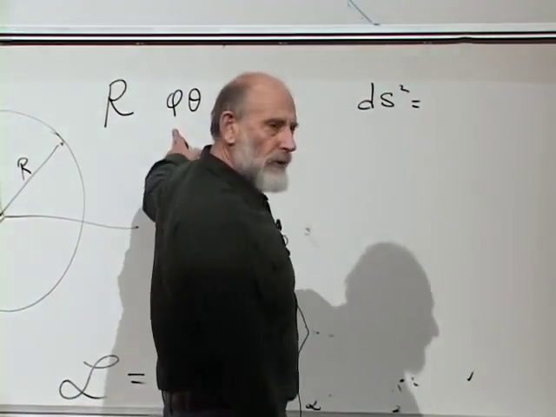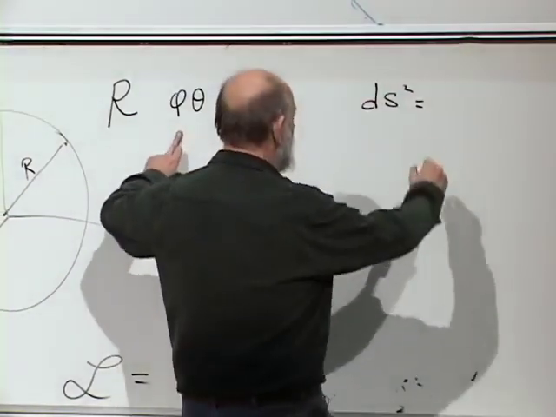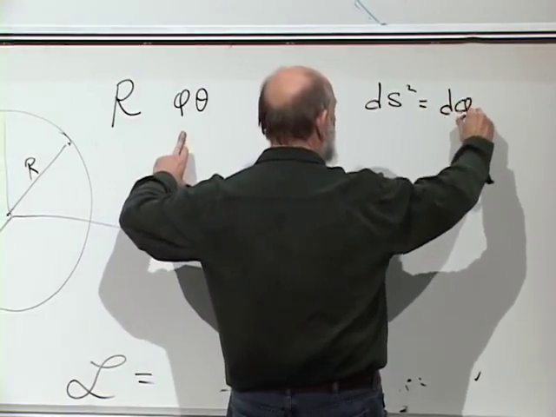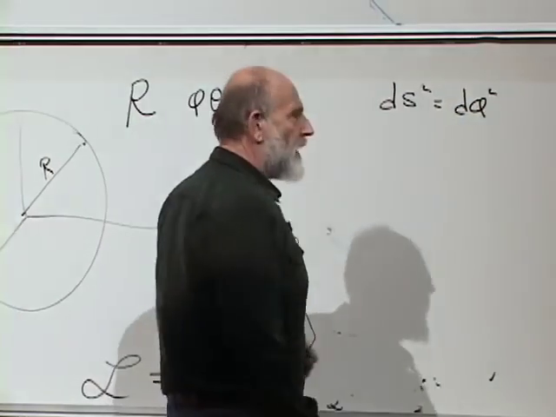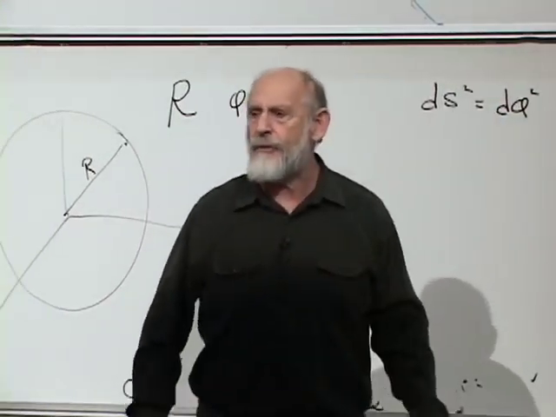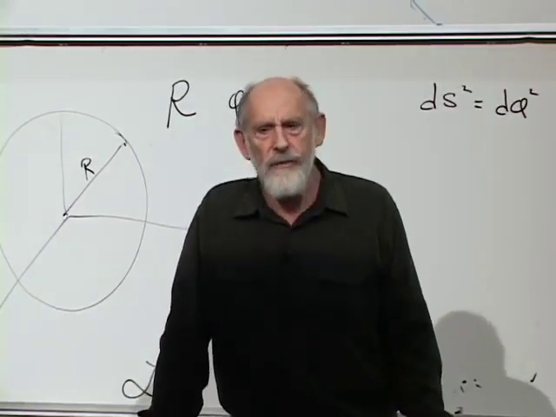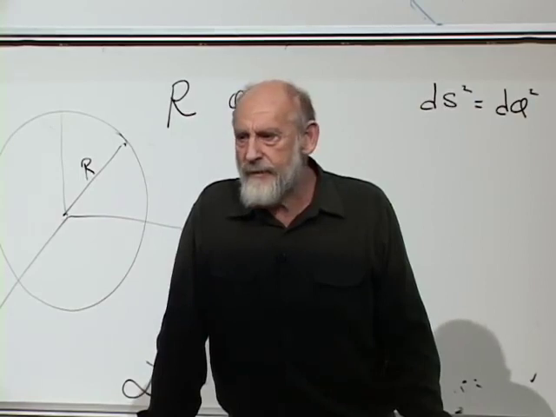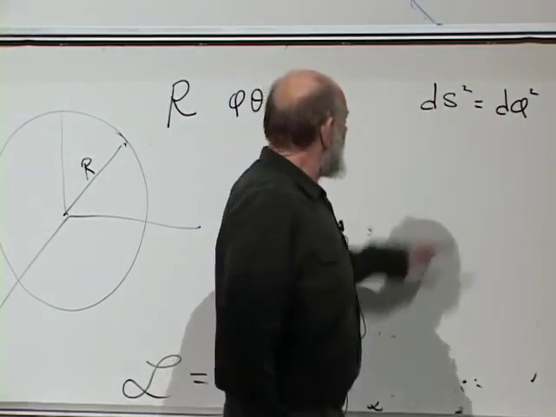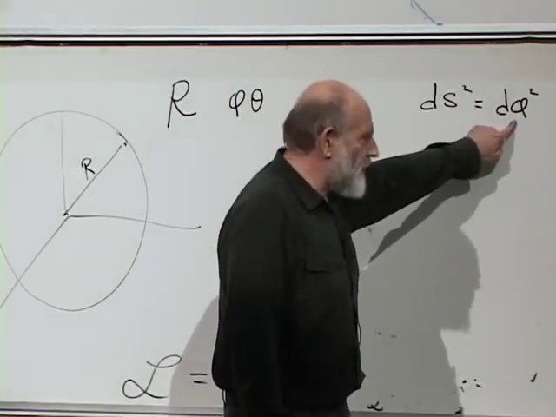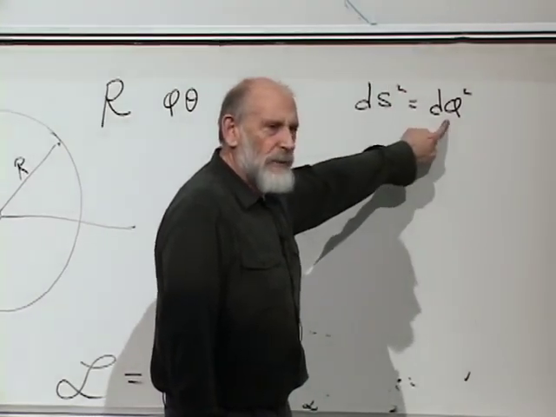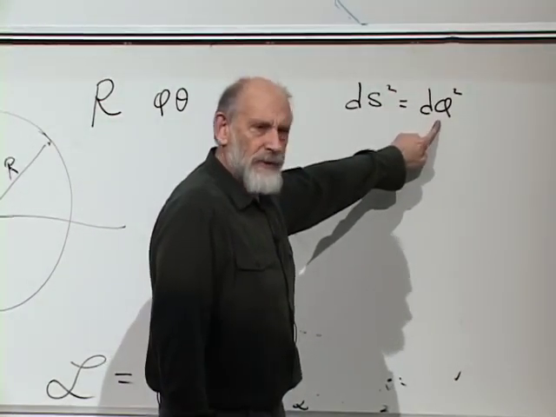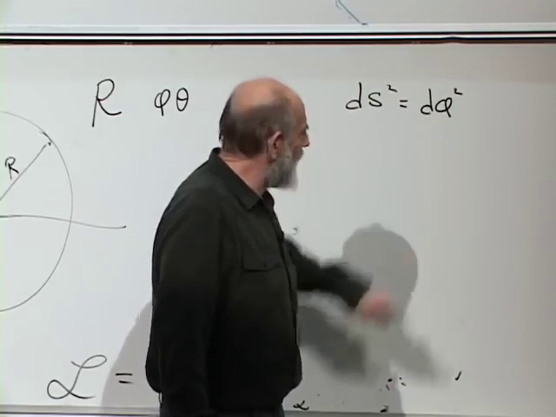You said that phi was polar coordinate? All right, so it's d phi squared. And now what are we taking? Theta, we're imagining, is the angle from the equator or from the North Pole? All right.